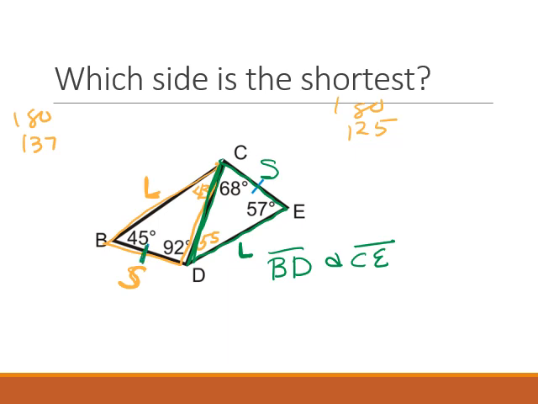With this and this being congruent, and this being congruent to itself, 92 is bigger than 55. Actually, we want to know if this is the longest side. We know that this is 92 and this is 68. And 92 is bigger than 68. So BC would be our largest side.